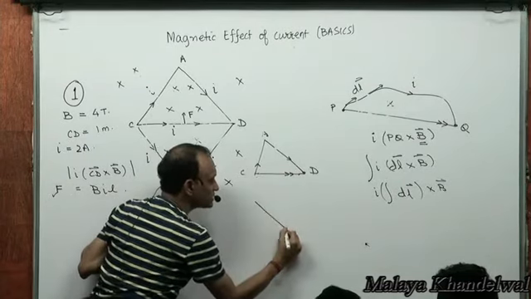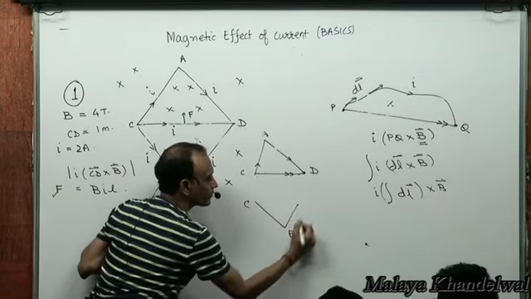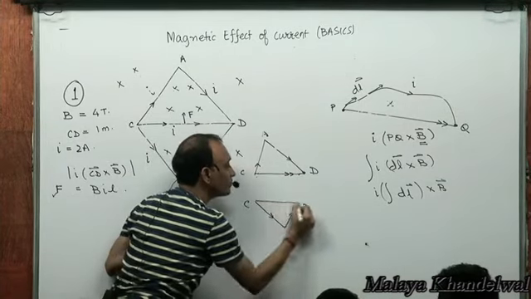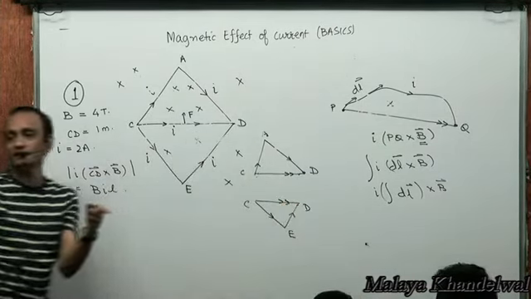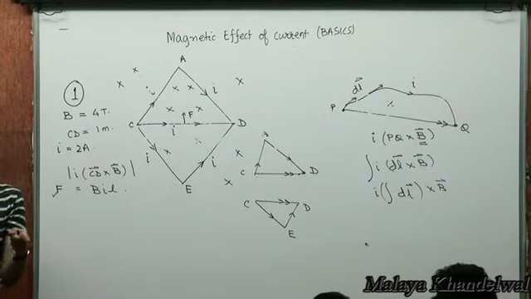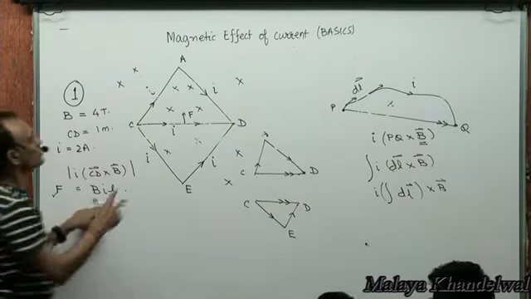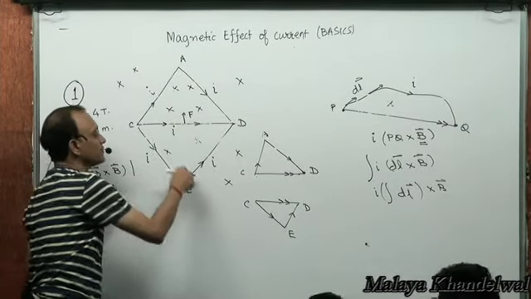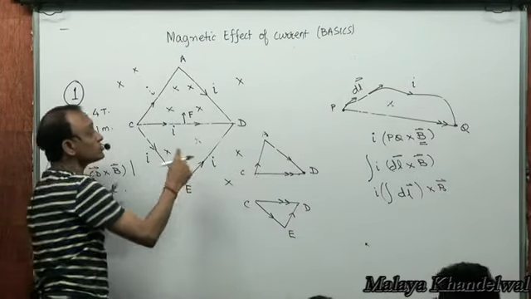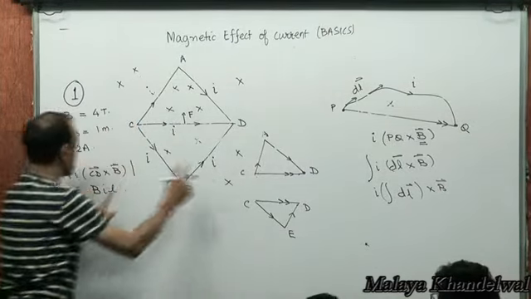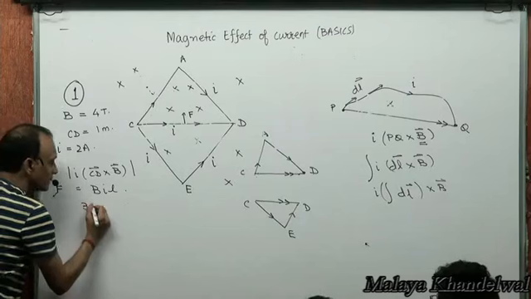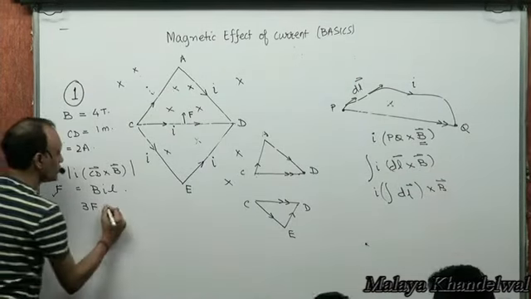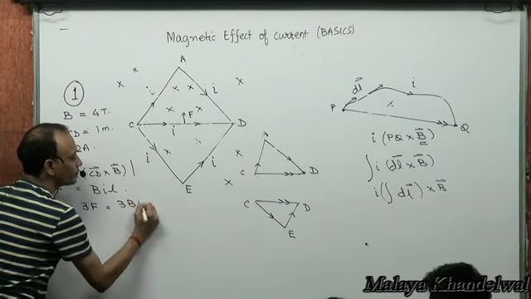The force acting on CED, from the same principle, will be the same as the force acting on one single straight element CD. So the force acting on ACD is the same as the force acting on CD, is the same as the force acting on CED. So essentially the total force acting on this would be 3 times the force acting on CD, which is like 3 BIL.